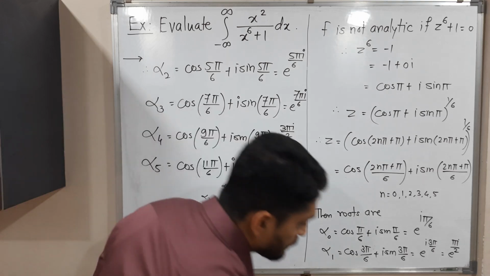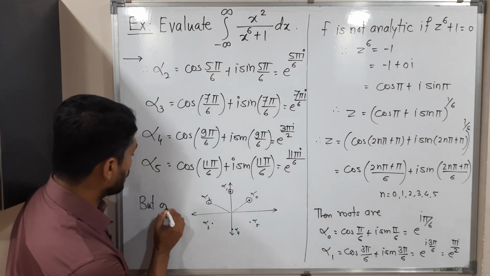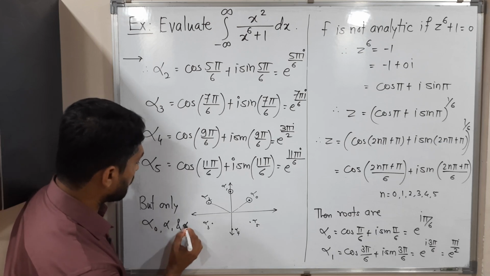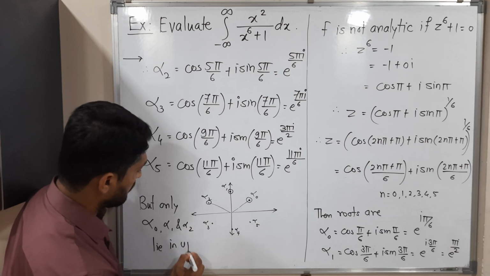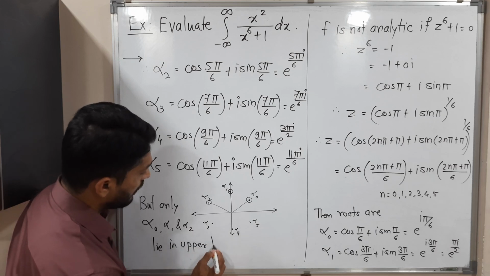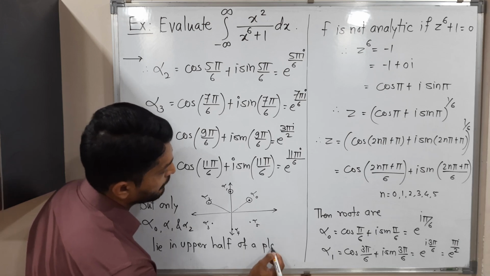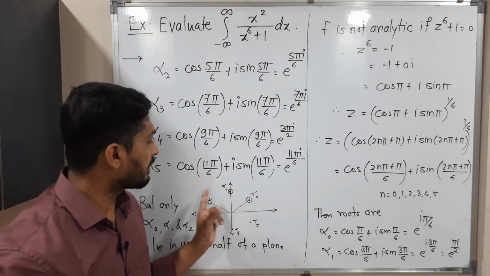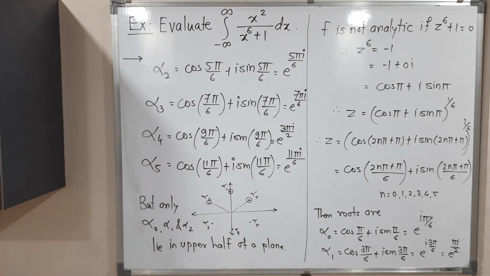Let me clearly mention, only alpha naught, alpha 1 and alpha 2 lie in the upper half of the plane. It means we will find residues only at alpha naught, alpha 1 and alpha 2. Just make a screenshot of it, then I will go further.